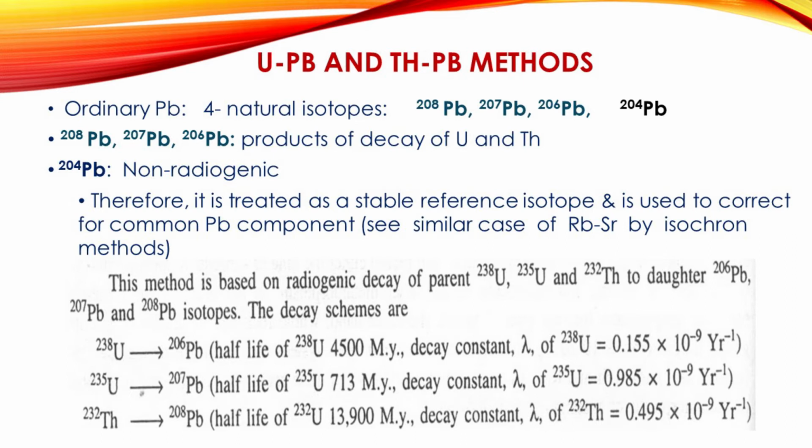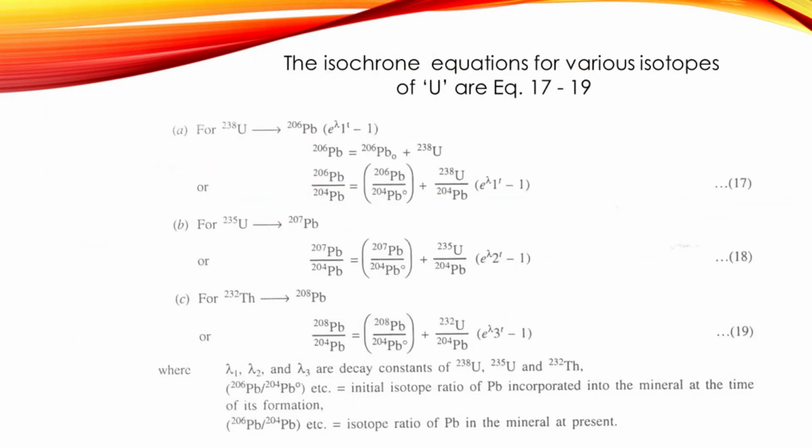The isochron equations for various isotopes of uranium have been shown in equations 17 to 19, where the uranium-238 isotope decays into lead-206 isotope, while the uranium-235 isotope decays into lead-207 isotope and the thorium-232 isotope decays into lead-208, where lambda-1, lambda-2 and lambda-3 are decay constants of uranium-238, uranium-235 and thorium-232 respectively.